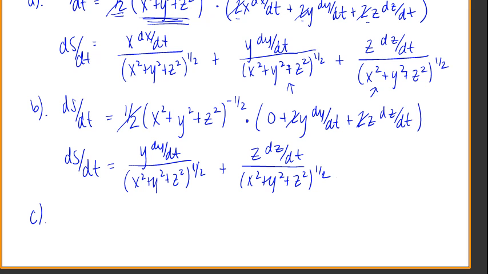Part C says, how are all the changes related if S is constant? So in other words, if the diagonal is constant, then how are the dimensions going to change? Well, going back into our equation, when it says S equals, then that means it's going to be 0 equals, and x, y, and z are still variables, so it's still going to be taking the 1/2, your base, to the negative 1/2 power, and then times the derivative of your base.